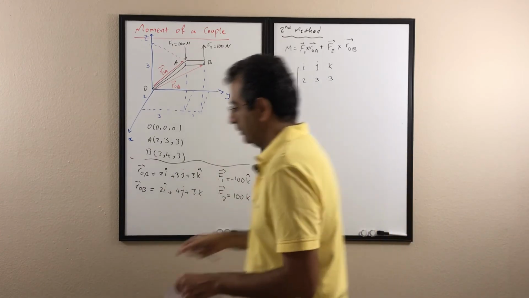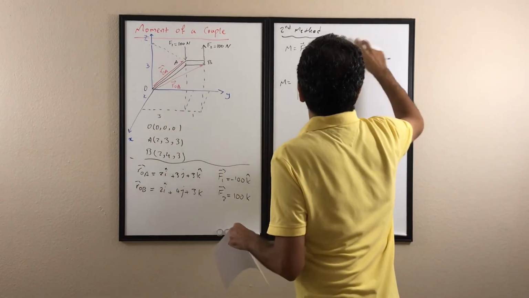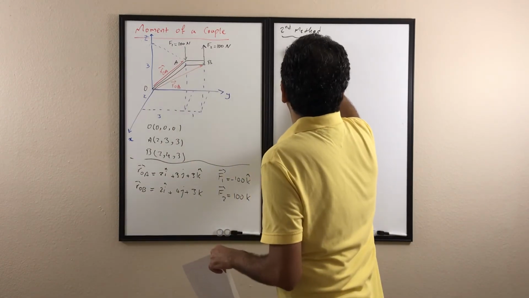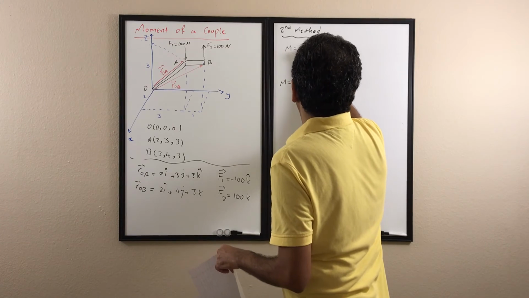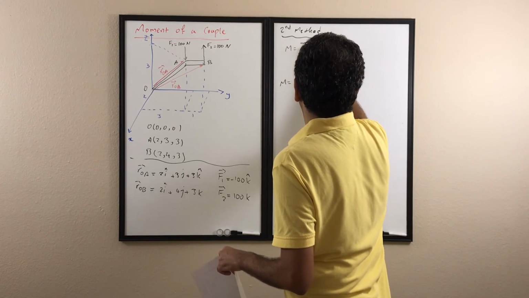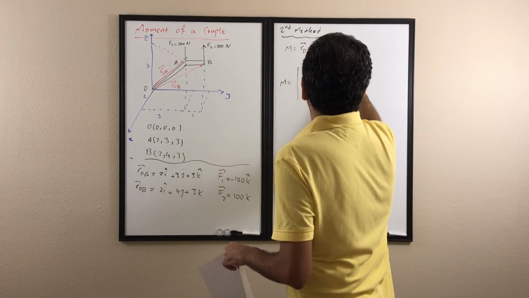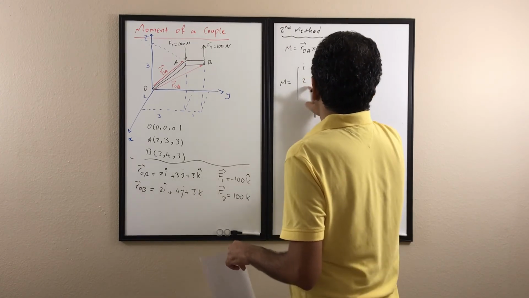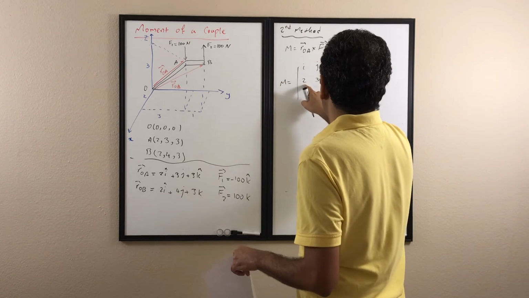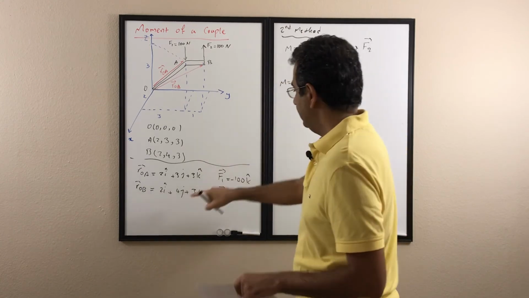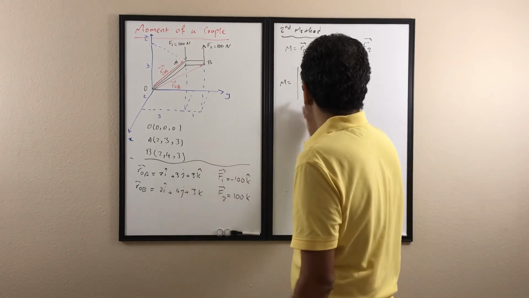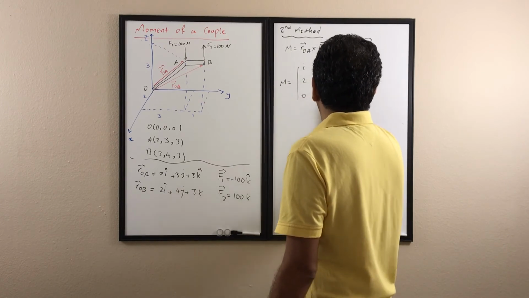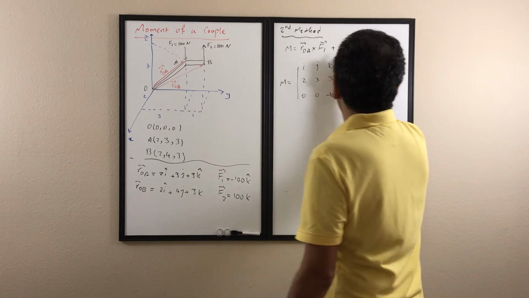Sorry, I wrote them the wrong way, so let me rewrite. It's ROA cross F1 plus ROB cross F2. So 2, 3, 3, these are the components of R, and then the components of F1, which are going to be 0, 0, and negative 100, plus the determinant for this one.